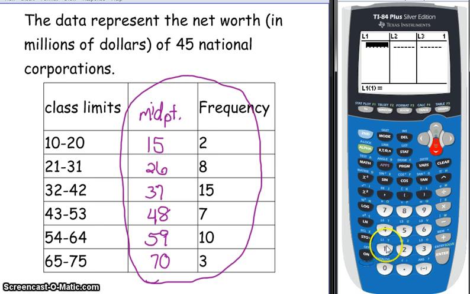So we're going to type in 15, enter, 26, 37, 48, 59, and 70.